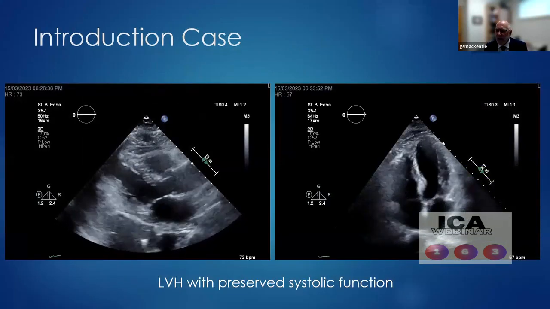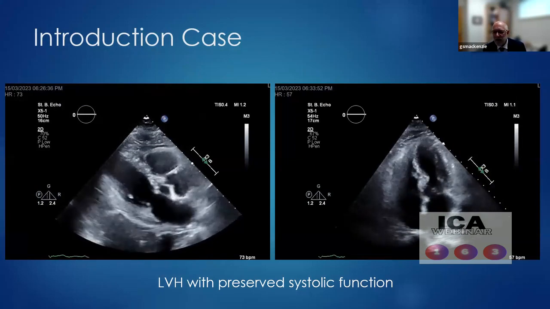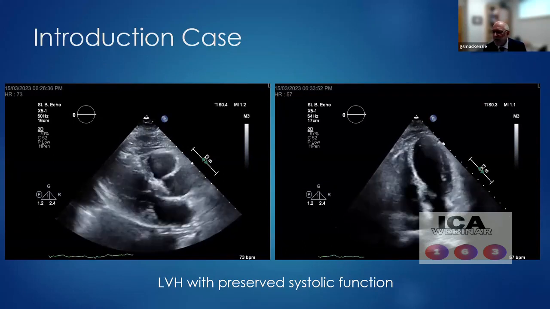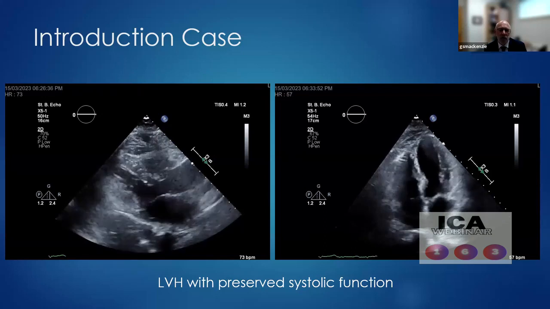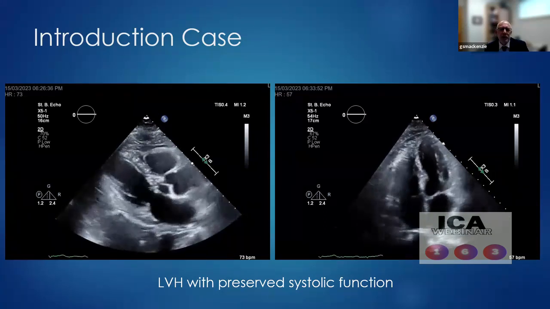On the left-hand side of the screen, you can see a parasternal long axis view, and on the right-hand side of the screen, we've got an apical four-chamber view. I think you can agree that left ventricular systolic function appears well preserved, but the patient does appear to have left ventricular hypertrophy.